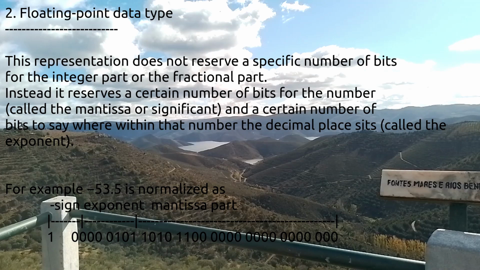Here is an example of minus 53.5, which is normalized, and as you can see, you have 1 bit for the sign, then the exponent part and the mantissa part.